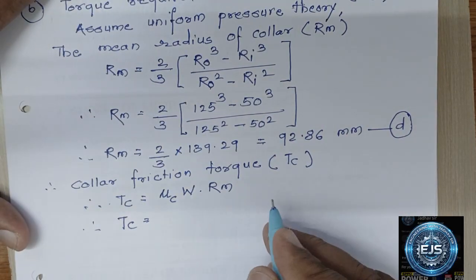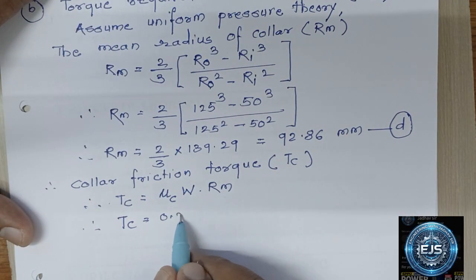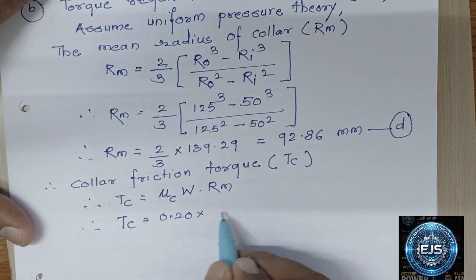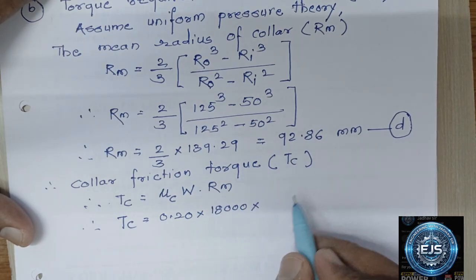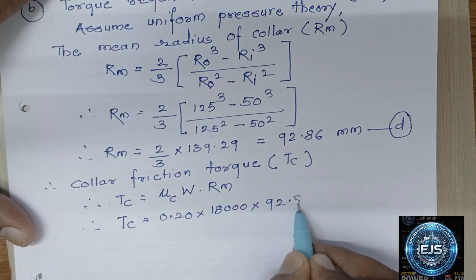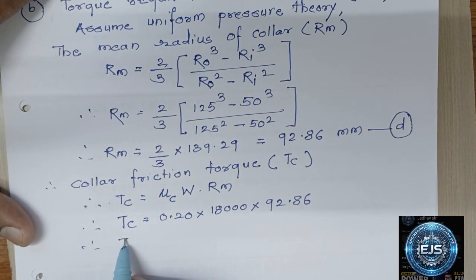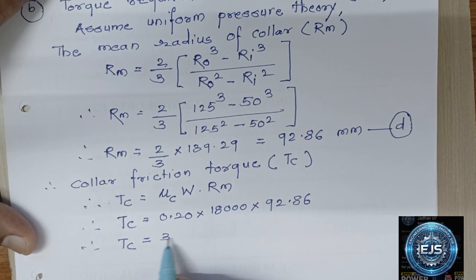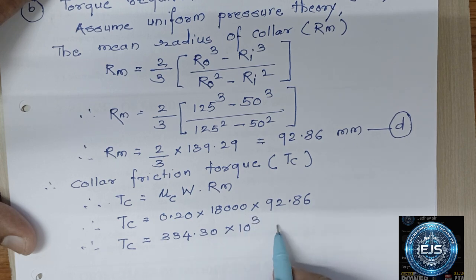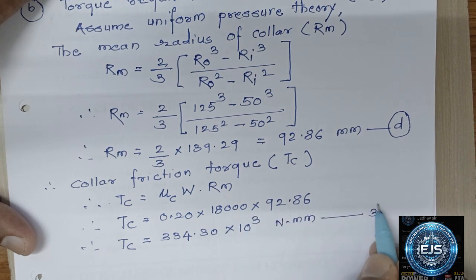So 0.20 multiplied by load, 18,000 Newton, multiplied by mean radius 92.86. So we get this collar friction torque for this problem: 334.30 multiplied by 10 raised to 3. This is in Newton into mm, and we'll mark this as equation 3.